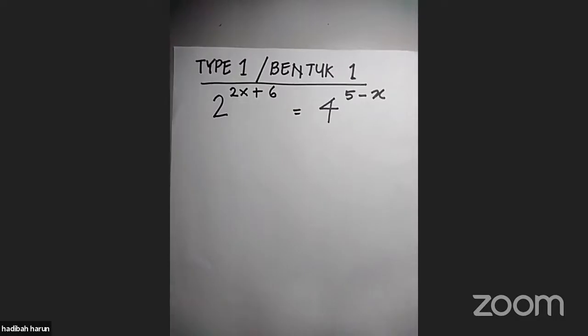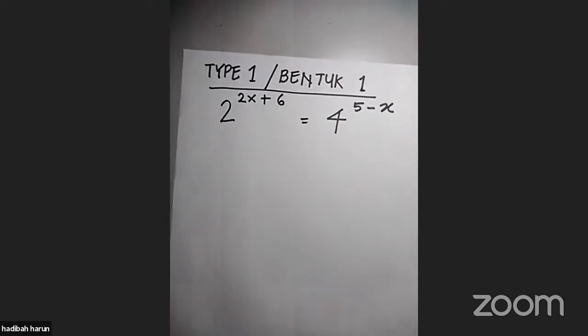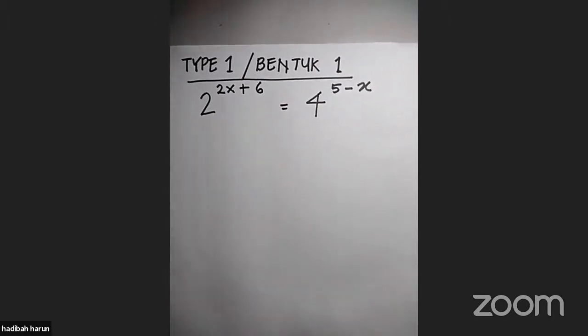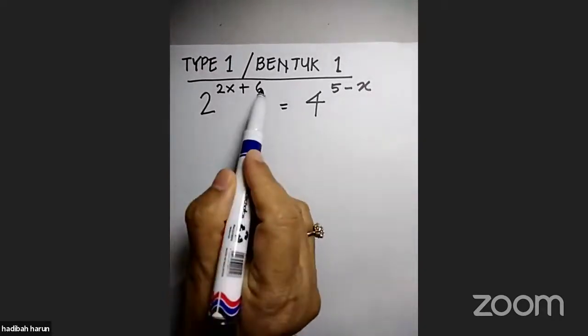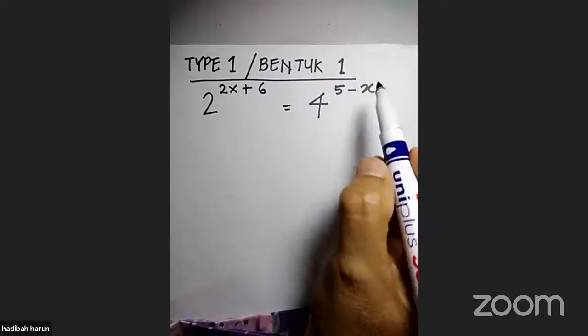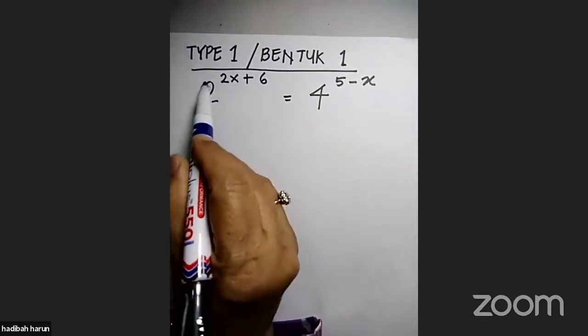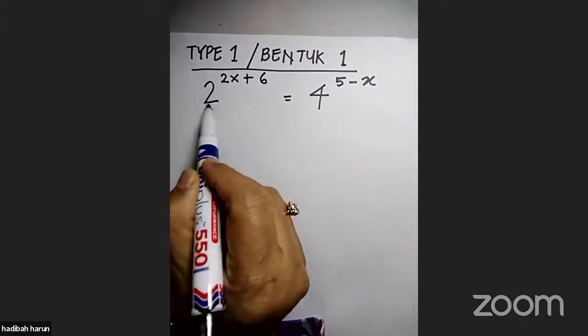As you can see, type 1 is the simplest form. I guess this is very familiar to you. It has a left term and a right term. The tip here, the clue, is the smallest base, 2.